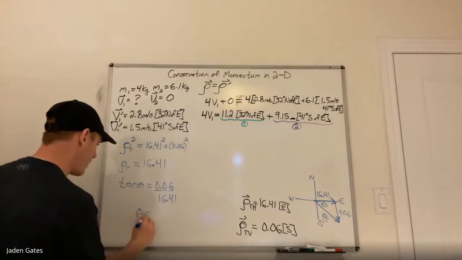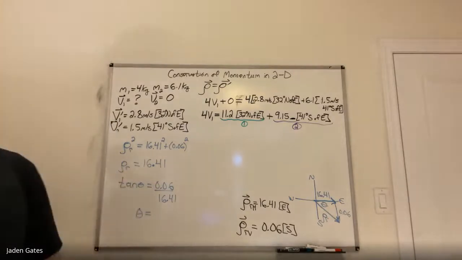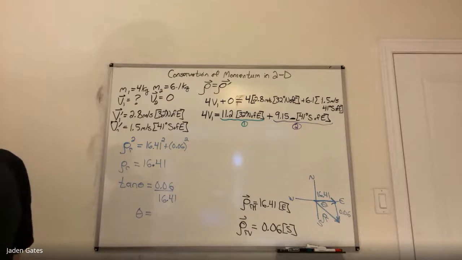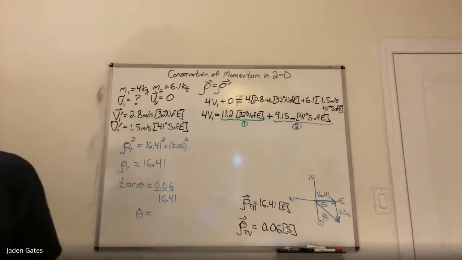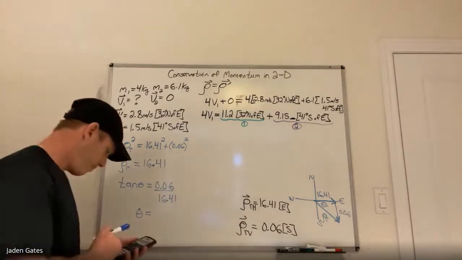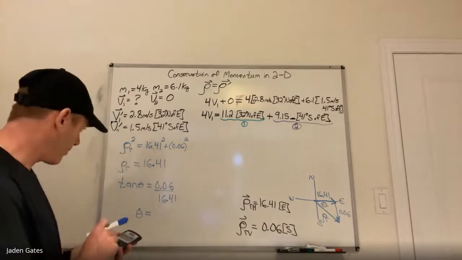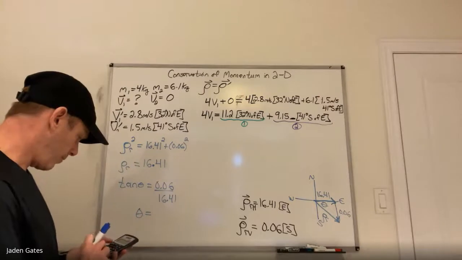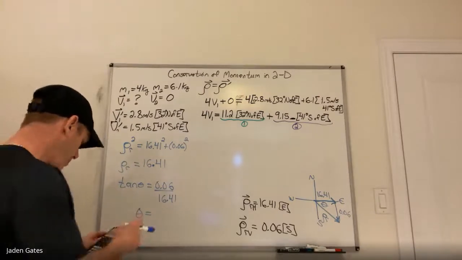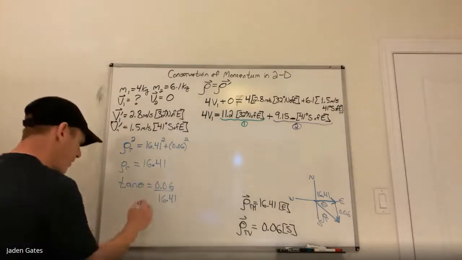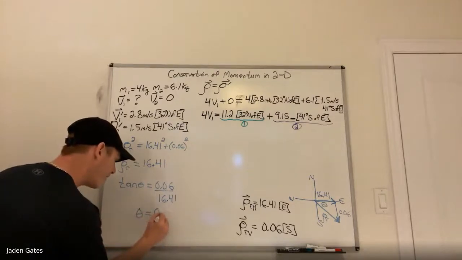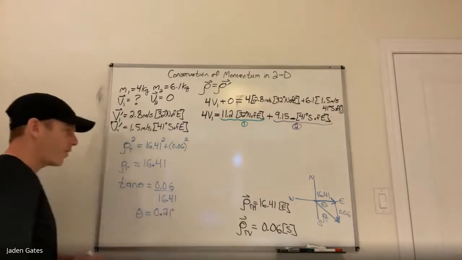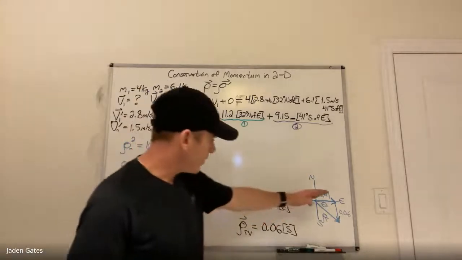And I'm getting θ to be, let's see here, 0.06 divided by 16.41. All right, little tan inverse. Oh, 0.21 degrees. Not a whole lot. And that is south of east.